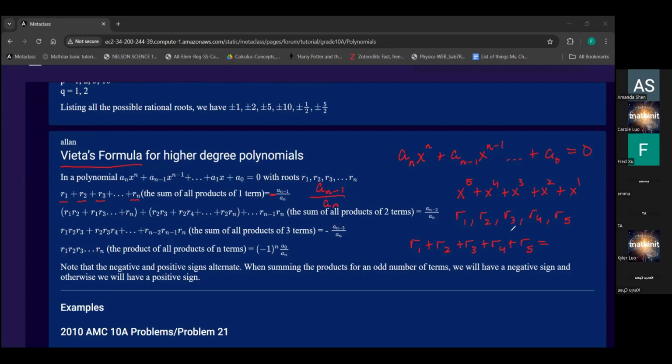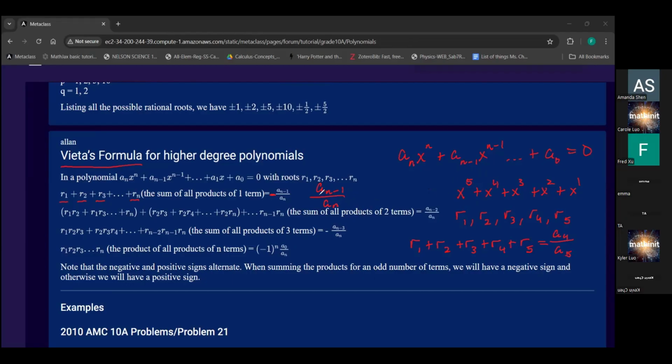So in this case, it would be A of 4 over A of 5 because this is A of n minus 1. N in this case is equal to 5 because 5 is the leading term. It is the highest degree.